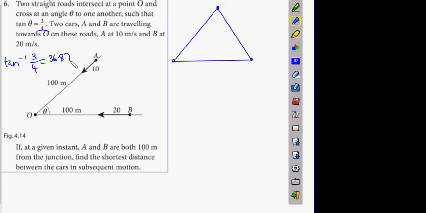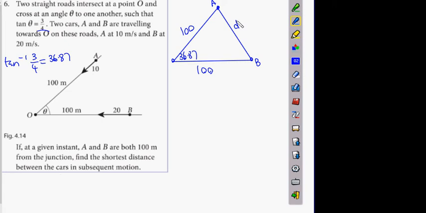So 36.87. I now know this side to be 100. I know the other side to be 100, and I'd like to calculate the distance between A and B. I'll call it D. Now, we have a rule called the cosine rule. I taught you it the other day.